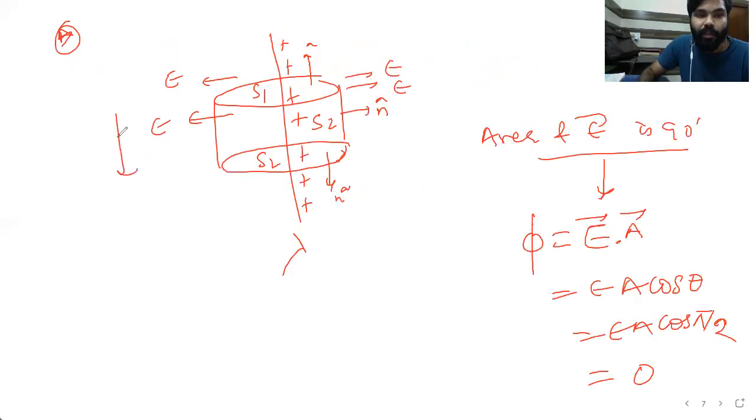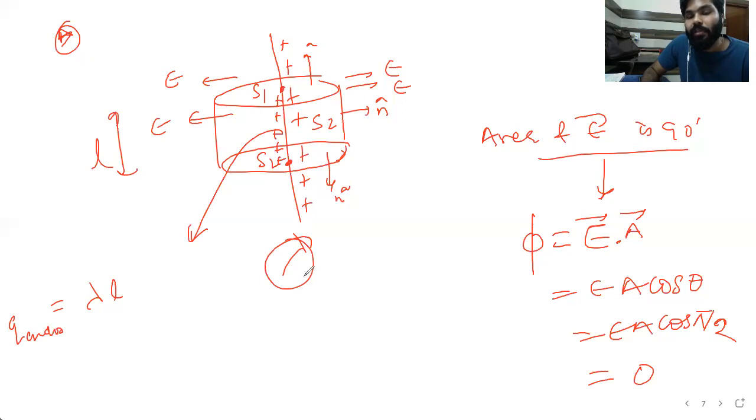This is length L, and the charge which is enclosed is also of length L. So the charge enclosed will be lambda times L. Simple unitary method. What is lambda? Lambda is charge per unit length.